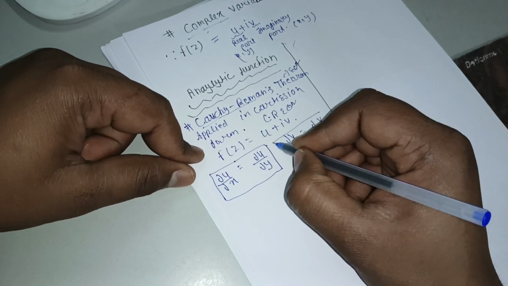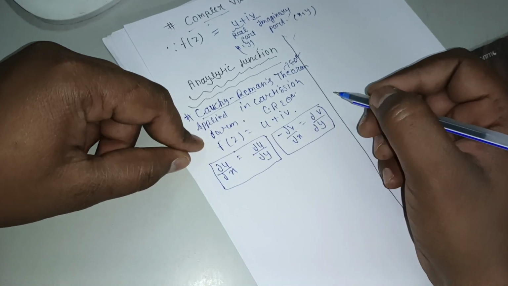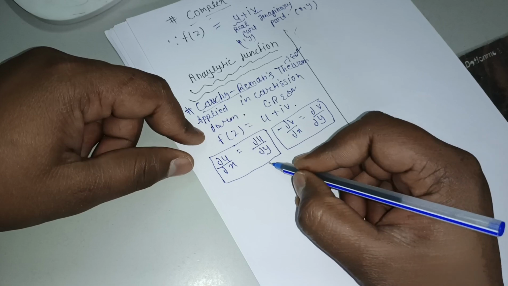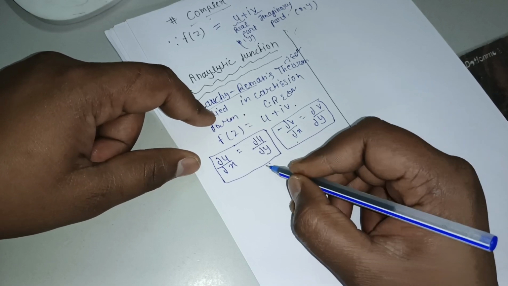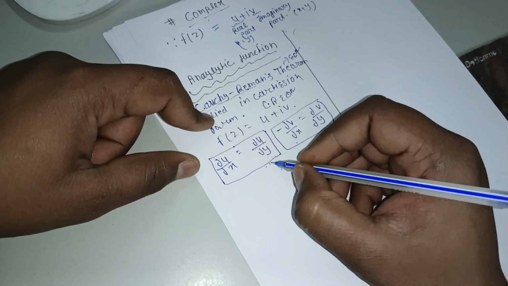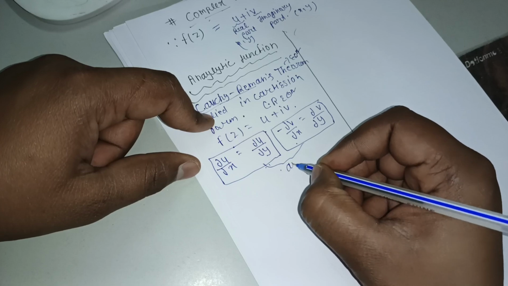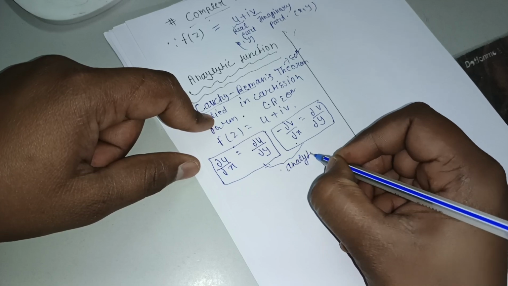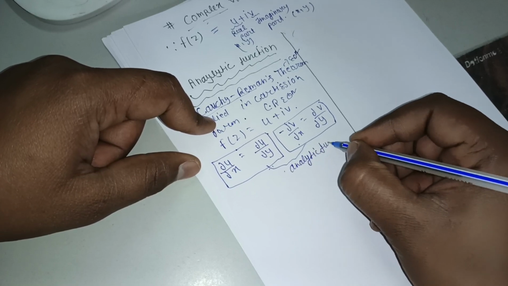If in a particular given function these two conditions are satisfied, then we can say it is an analytic function.